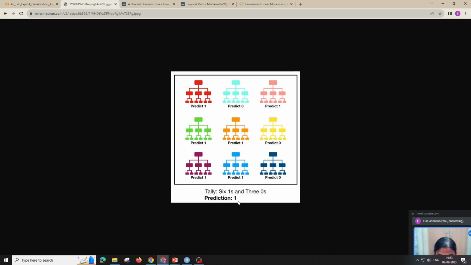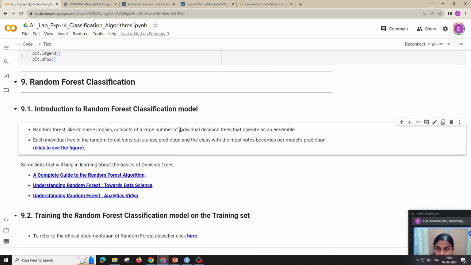The majority voting is for 1, and you'll be taking the result of the random forest as 1. So random forest is a collection of a large number of individual decision trees that operate as an ensemble.